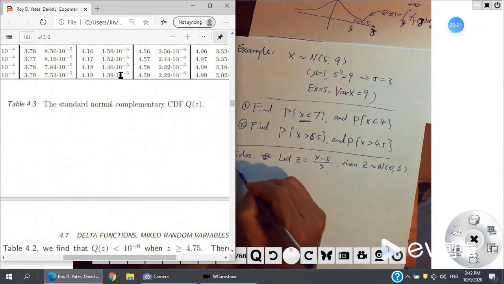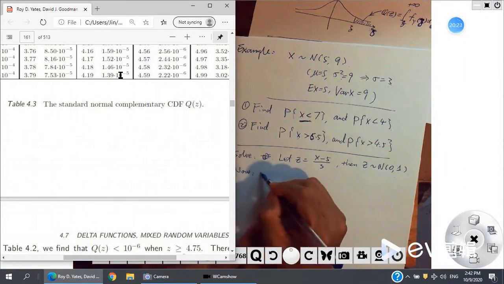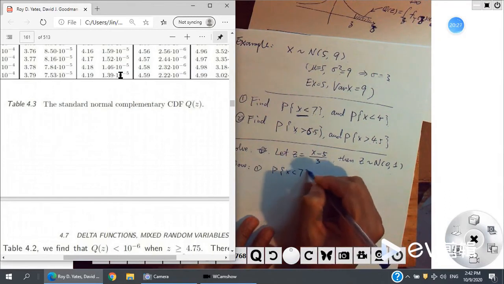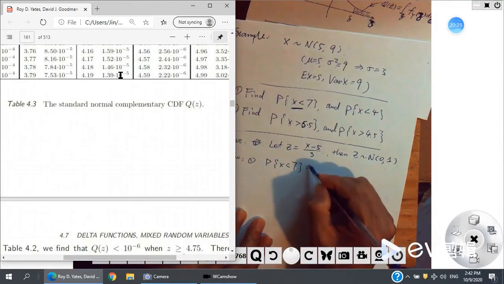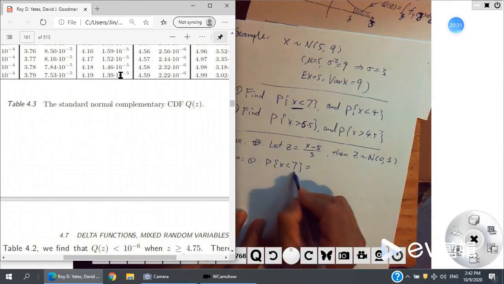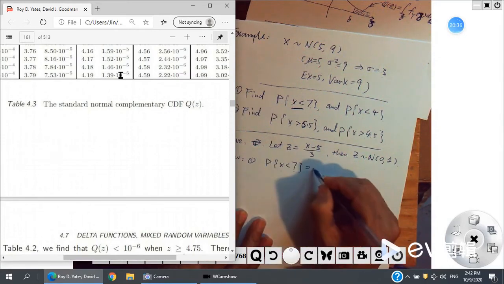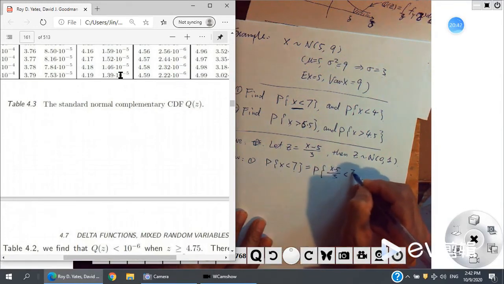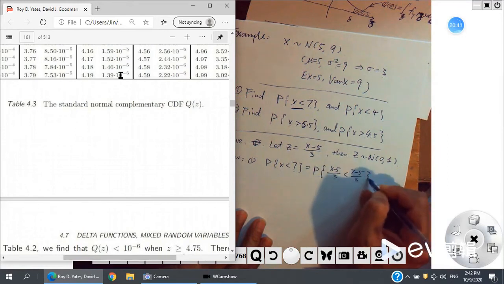Now, for the first one, the probability X smaller than 7 is what? I want to rewrite this event in terms of Z. So this is the probability of X minus 5 over 3 smaller than 7 minus 5 over 3. Make sense?